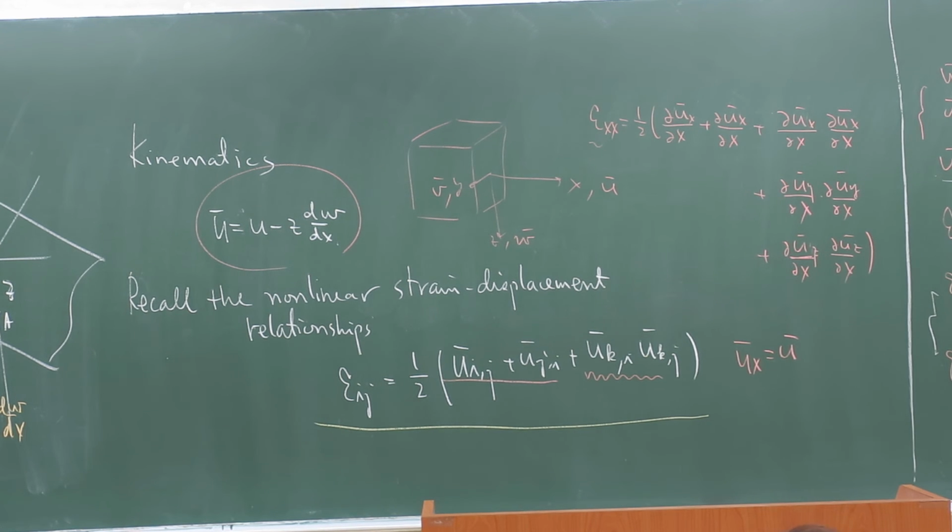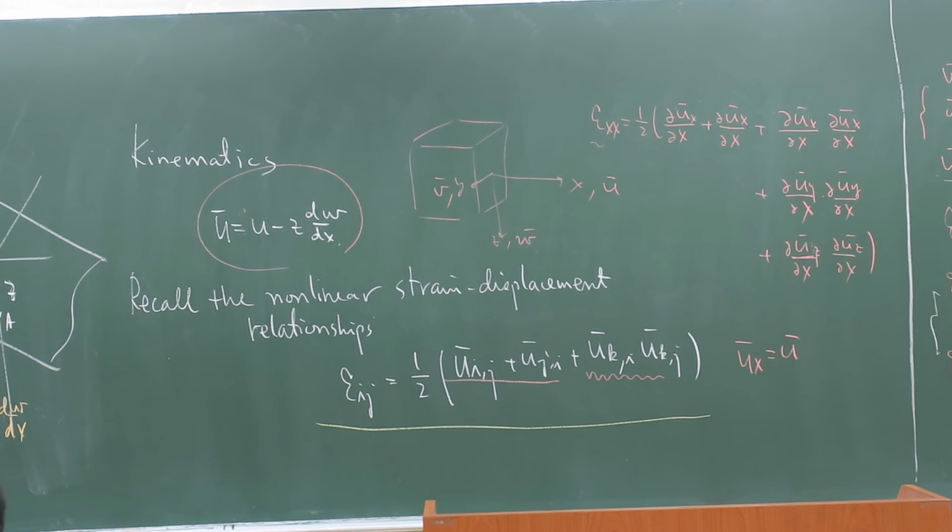Okay, in this theory w bar is all the same. So epsilon x will become partial u bar partial x, that will be partial x of u minus z partial w partial x, right? And plus half partial w partial x squared.